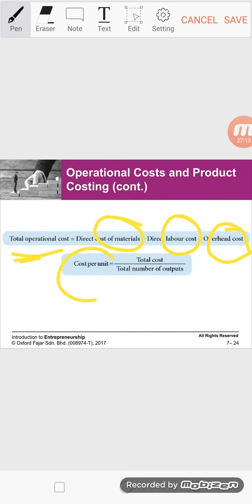Then how to know our cost per unit is total cost ni tadi bahagikan dengan total number of output. So kalau macam kilang gardenia tadi, dia tengok-tengok dia punya total operational cost itu, for example 10 juta. Banyak sangat tu. 10,000. Okay, 10,000. Lepas tu dia bahagikan dengan total number of output. Tengoklah output dia tu dalam satu hari ke, dalam sebulan ke, ataupun dalam 1 jam ke kan.